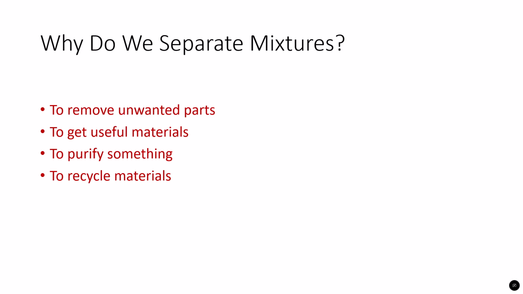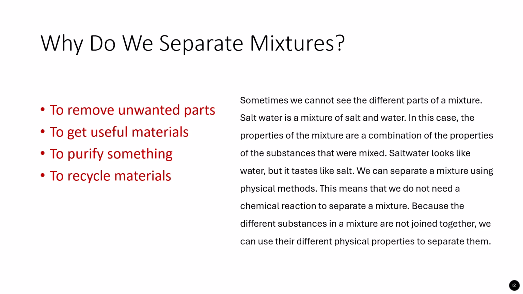So we can separate mixtures by removing unwanted parts, or we can get useful materials, we can purify them, or we can recycle materials. Some mixtures, like sea salt, for example, do not need a chemical reaction to separate it. You just boil it, the water will evaporate, and the salt will be left behind.